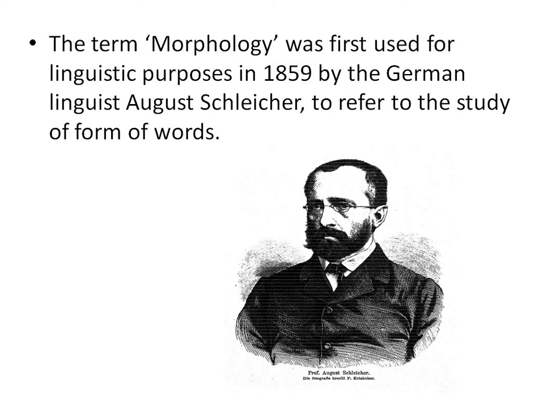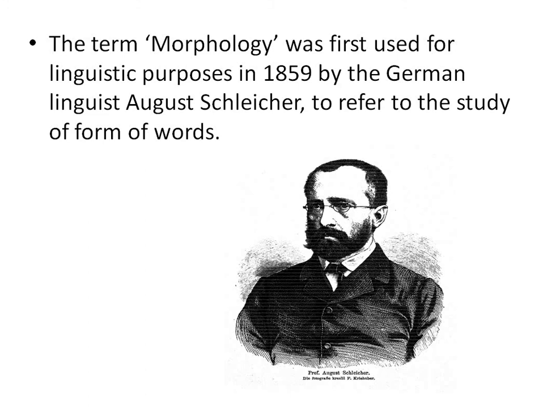The term morphology was first used for linguistic purposes, that is for language purposes, to analyze the forms and structure of language, by the German linguist August Schleicher, to refer to the study of form of words in 1859.